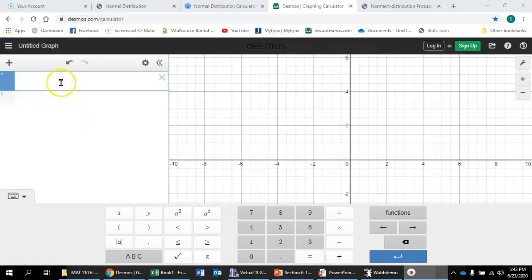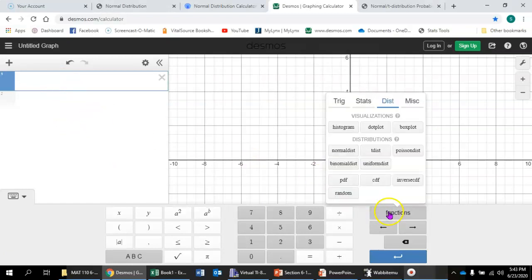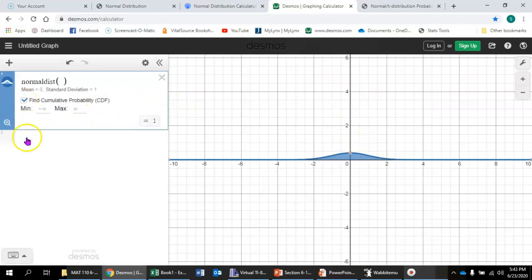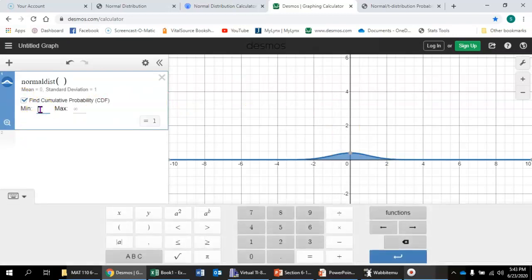If we do this on Desmos, select functions, normal dist, find cumulative probability, put in negative 1.90 for the min, and just leave the max as it actually shows a little infinity sign there. So if we just leave it as that, it will give us the answer of 0.97128 and so on, about 0.9713.